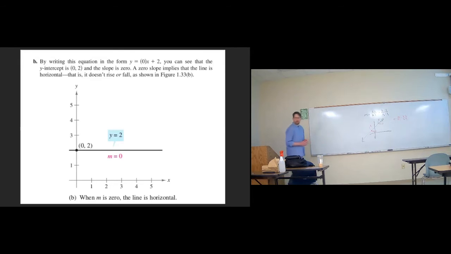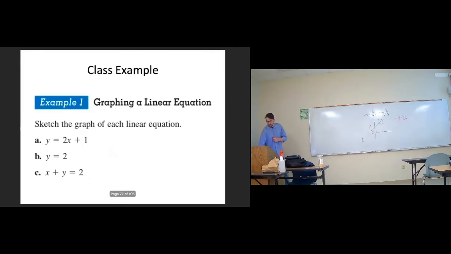Having said that, if we wanted to graph a line given its equation, the first thing we would want to do is put it in slope-intercept form. And then go from there, right?